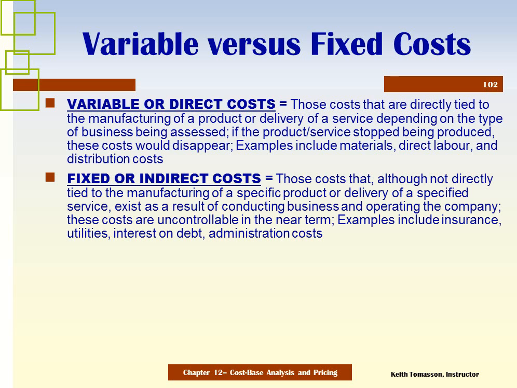Versus fixed costs are costs that are not directly tied to the manufacture of a product or delivery of a service. So they're the result of conducting business and operating the company. And typically fixed costs are not controllable in the very short term. Some examples of some of the fixed costs might include insurance costs, cost of utilities, interest on our debt, administration costs.